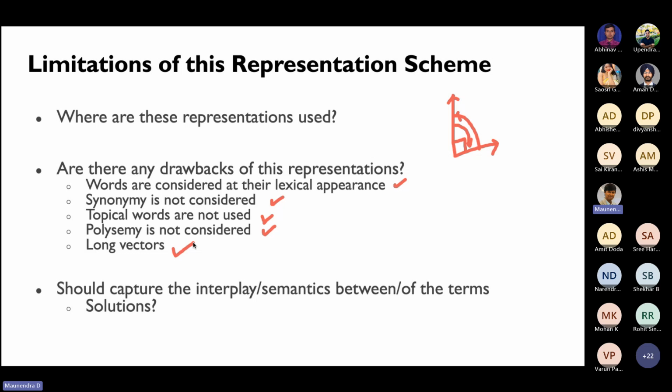Having said that, they are still very powerful representations, and for many applications, only this much is sufficient. We may not benefit a lot from other kinds of representations, which would significantly increase computation cost. So with this, let me go on to the next slide deck.